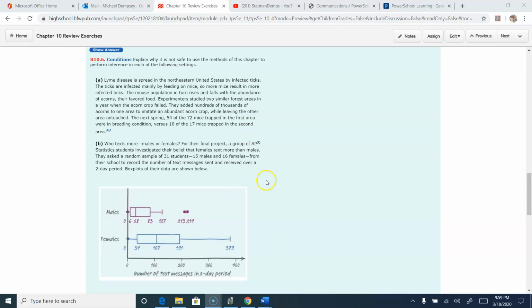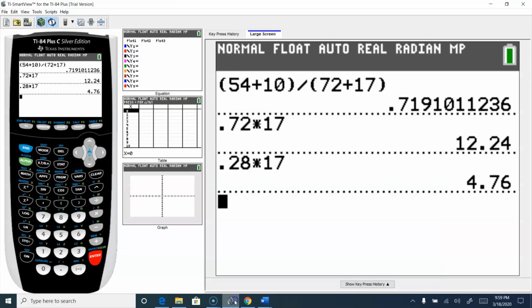But suppose we were doing a hypothesis test. Then we would pool those estimates, right? We would take the 54 and the 10, add them together, and divide by the 72 and 17, and we get this 0.72 pooled estimate for p. So if we take 17 times p, n times p for that smaller sample, we get 12.24.